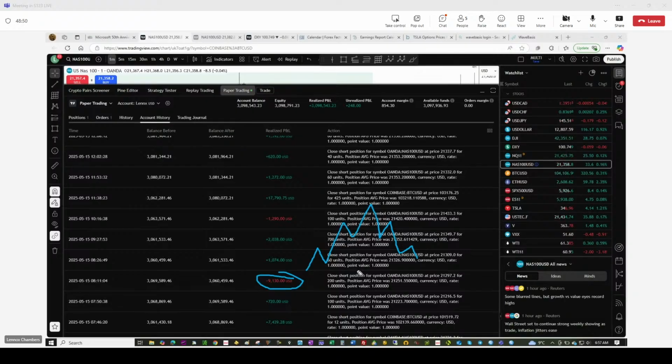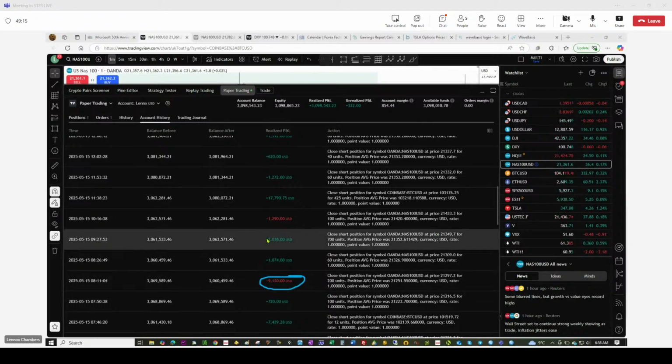I was a bit rigid yesterday. I was really adamant that we were going to come down and take out that low, and it just didn't occur. So I had to pay for that. By not putting the stop in, I had to take a big loss. But that's okay because I'm confident I can make it back, but it's not something for traders to do if you're not comfortable and confident in playing.